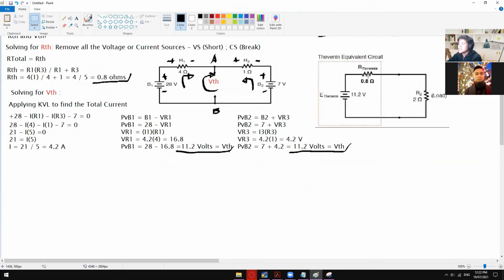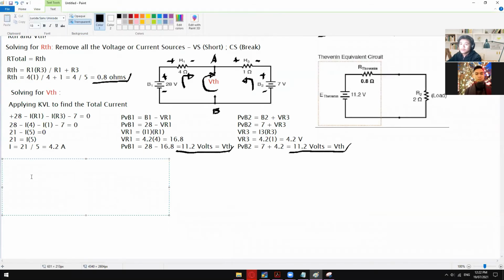It's super easy since they are in series connection. So R total is equal to R Thevenin plus the R load. R Thevenin is 0.8 and R load is 2 ohms. So 0.8 plus 2 is 2.8. And then from there, we can find the total current.